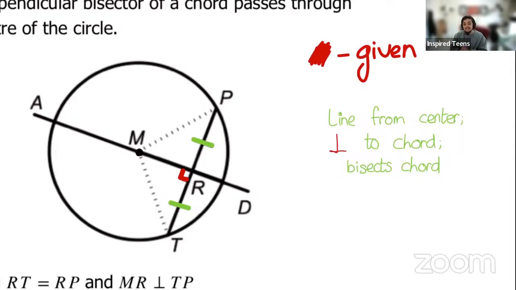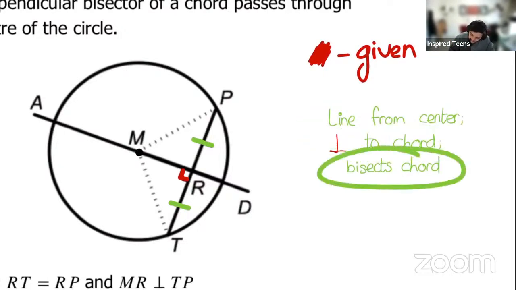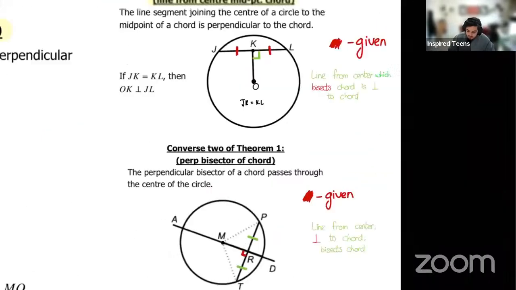What's given is that line MD is perpendicular to PT, and from that you can conclude that, since it's perpendicular, line MD bisects chord TP. And here's your reasoning: a line from center which is perpendicular to the chord bisects that chord as well. Just keep in mind what's given.